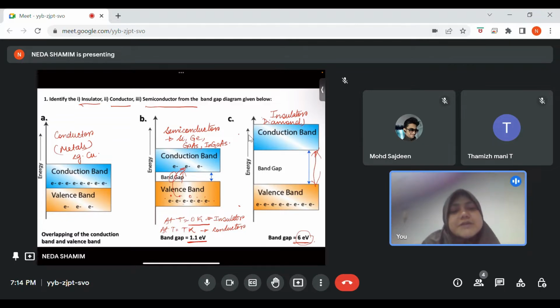One good thing about the semiconductor: in a conductor, the conduction is wholly because of electrons, but in a semiconductor there are two types of carriers, electrons and holes. When an electron jumps from the valence band to the conduction band, it leaves behind a hole. So what are holes?